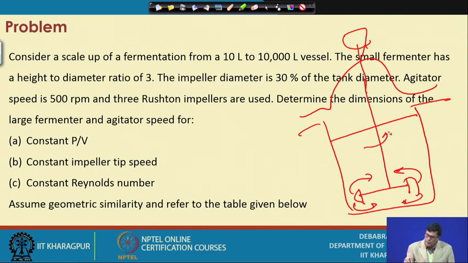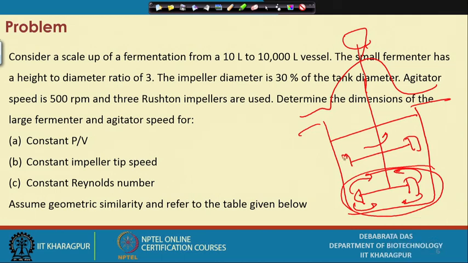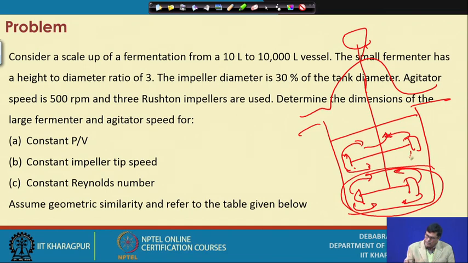When it is rotated, most of the stirring will occur at the bottom part of the liquid, not the upper part. But you want to have homogeneity in the reaction mixture, so we shall have another impeller here, and another, so that there will be stirring like this. That is why they have written that 3 Rushton impellers are used.